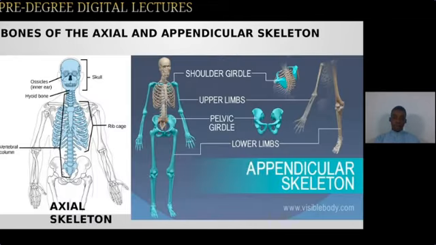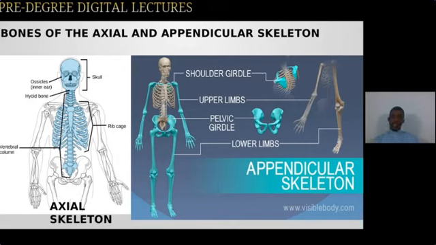So from this diagram, you can see the axial skeleton made up of the skull, the vertebral column, just in that line vertically. Skull, vertebral column, the rib cage, all belong to the axial skeleton.